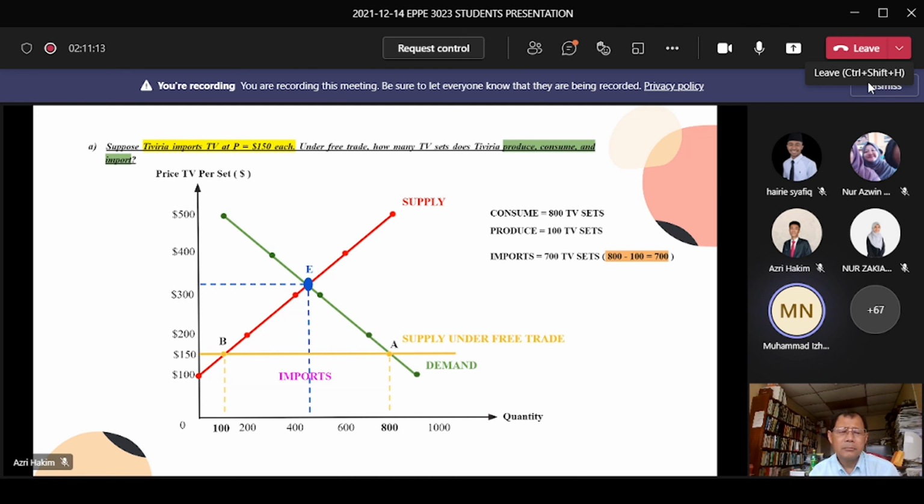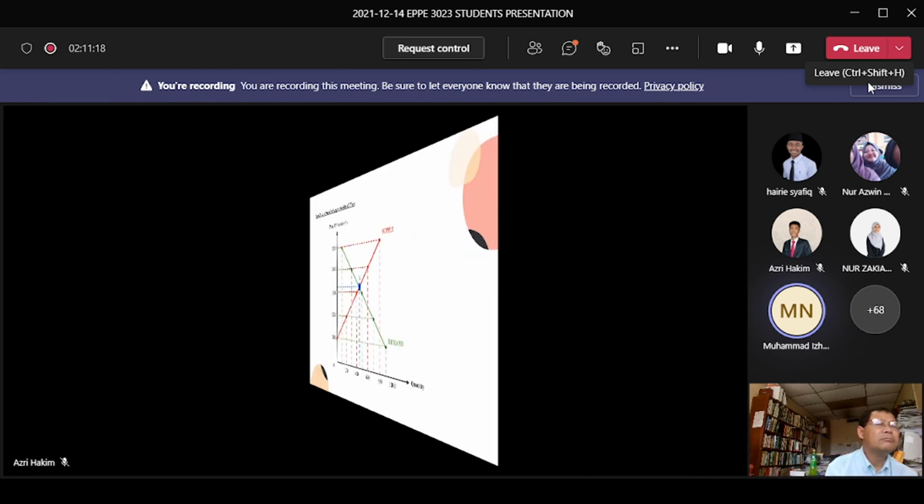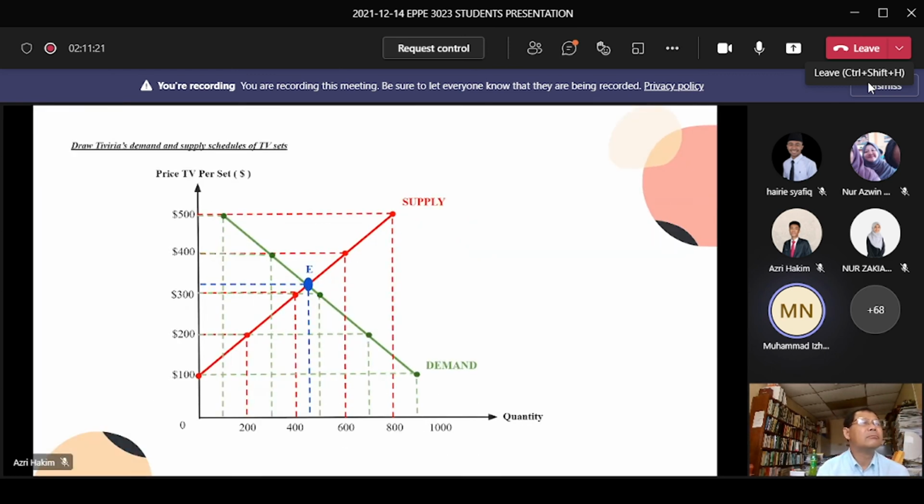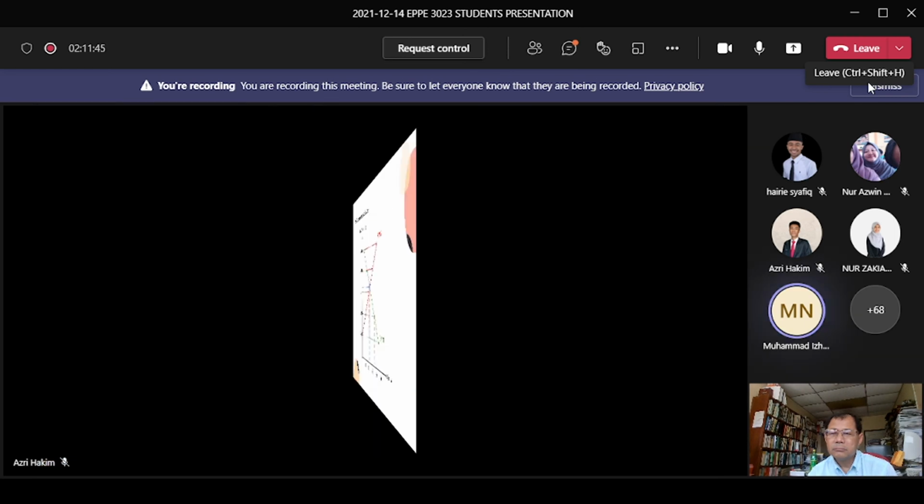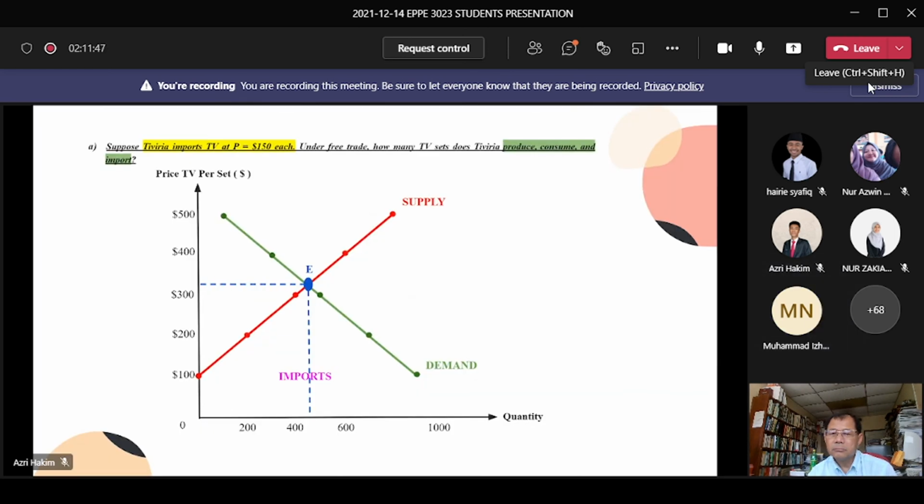I used mathematical knowledge to get 550, but maybe other students can get it by imagining the point. I used the price and quantity demanded to get the demand curve, the demand equation. So next, Azri.